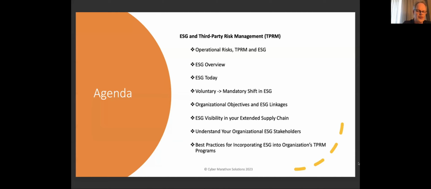Then we'll do an overview of ESG, what it is, the different component pieces, where we're at today with ESG, the continued movement of ESG from a voluntary activity that companies do to one that's mandated by regulators and regulation.